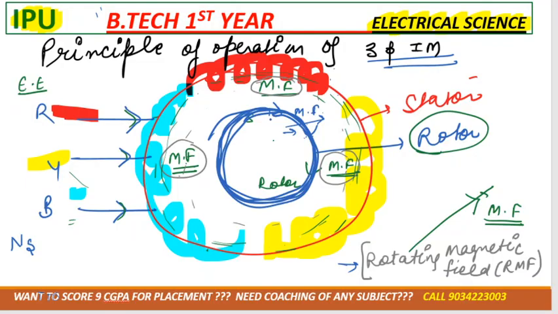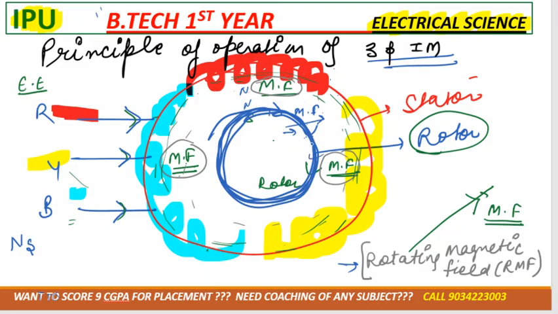Now you tell me, who will move, the stator or the rotor? Suppose there is a north pole and a north pole, north and north repel each other, so they will try to move away from each other. Now tell me, will the stator move or the rotor? The stator is stationary, so the stator can't move. Who will move? The rotor. And the rotor starts rotating.